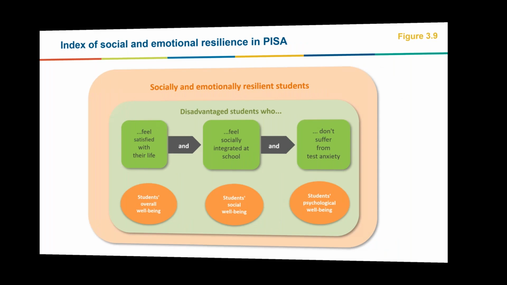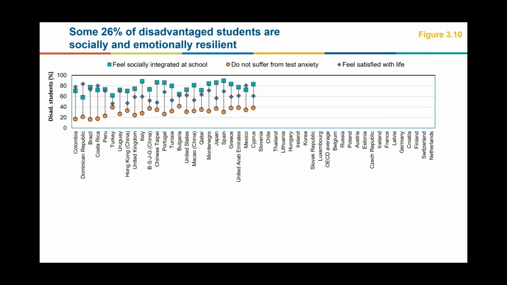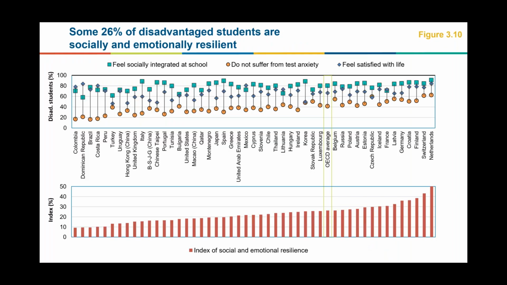And what we can see when you look at the top pane here is that this varies as much across countries as in academic terms. You can see, for example, in the Netherlands, you come from a disadvantaged background, and despite the fact that the Netherlands is a country where there's a lot of testing in school, students don't feel particularly worried, the disadvantaged students.